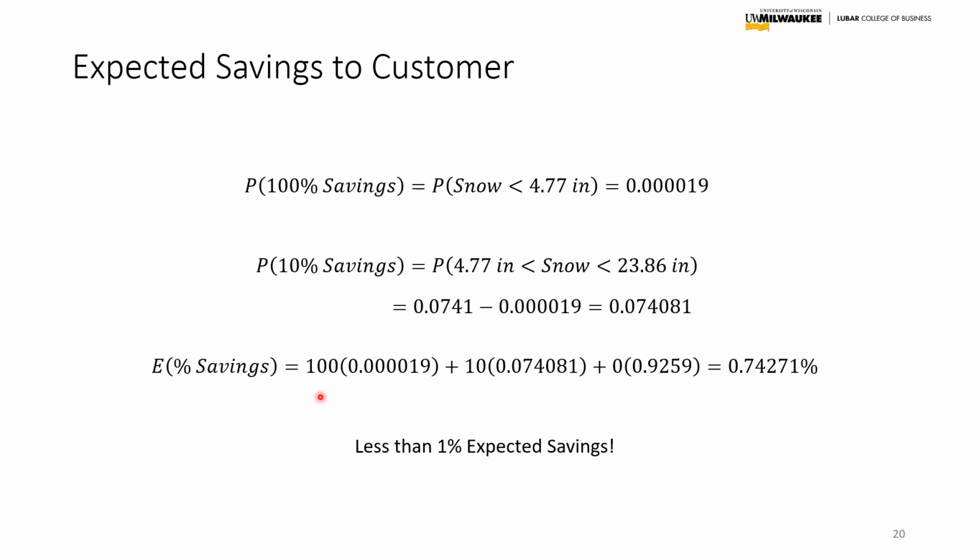We can basically get a weighted average. 100 will be realized with the probability that we can see right next to it. That's the weight. Plus 10 can be realized with the weight that we can see right here. Plus getting no savings with the remaining probability. This translates into an expected savings of 0.7421%, which is less than 1%.